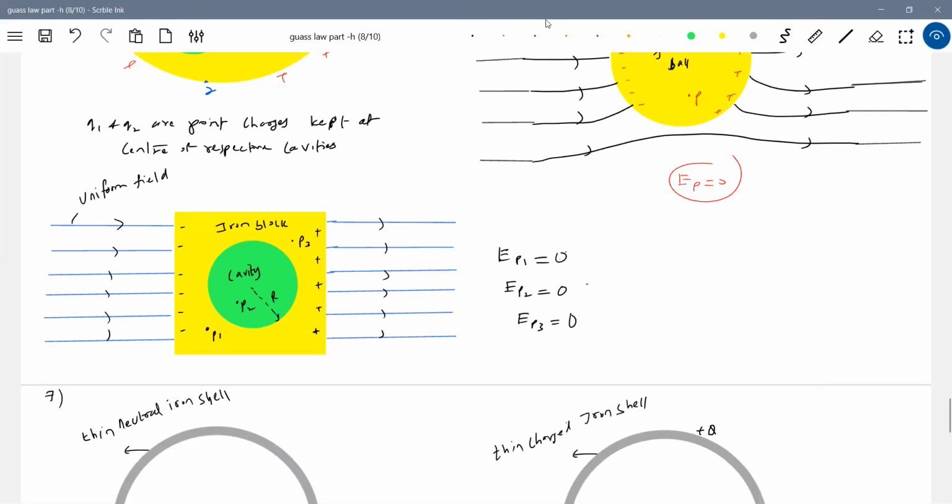Why no induced charge, sir? Because this will act like an electrostatic shield. Yes, this is the main idea: the cavity will act like an electrostatic shield.